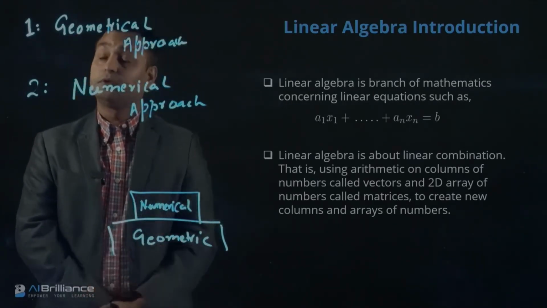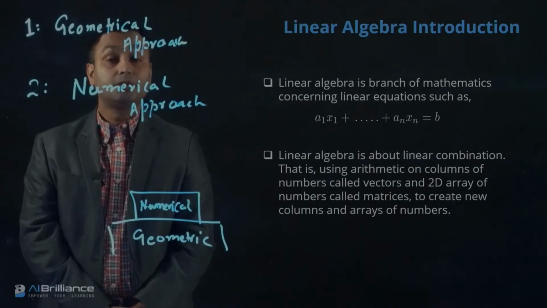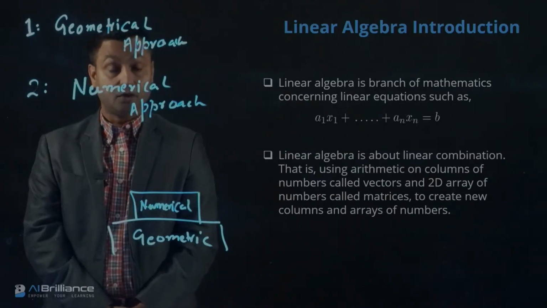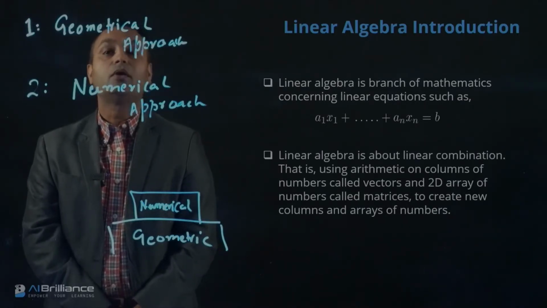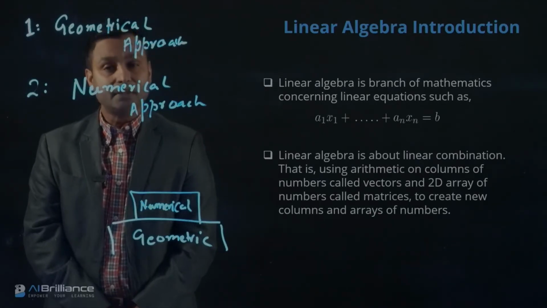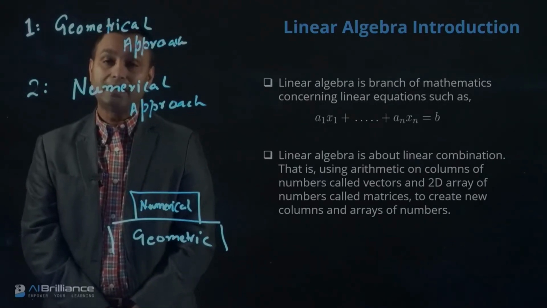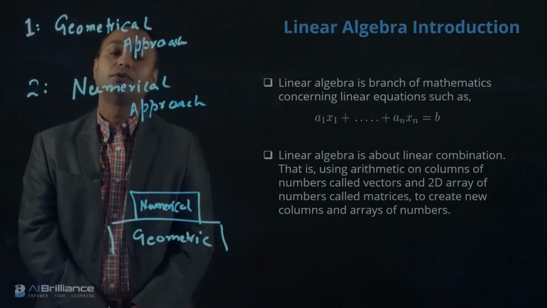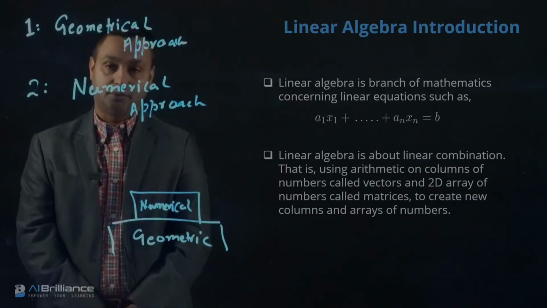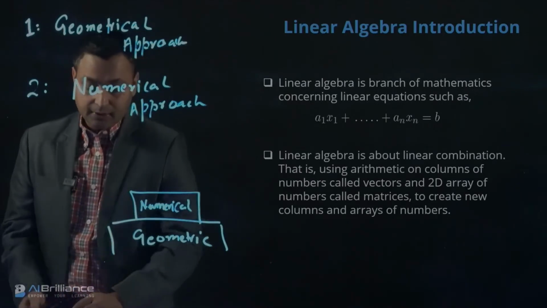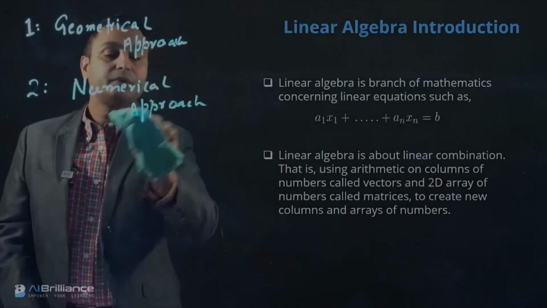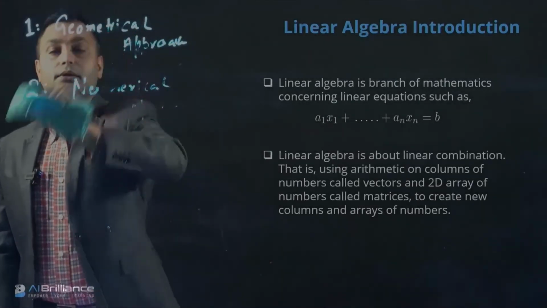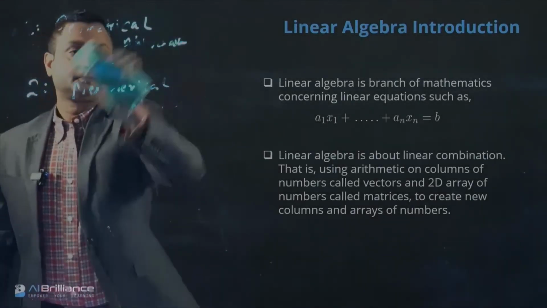I encourage you to think about vectors and matrices and their different operations not only from the numerical point of view, but, if you have time, to also understand the geometric meaning of those operations, because that will set up a very good foundation on which you can build the numerical approaches. So with that, let's move on and see some preliminary concepts related to vectors and matrices in general.